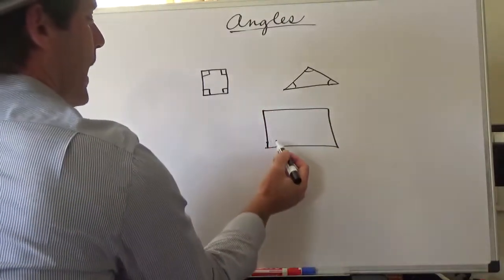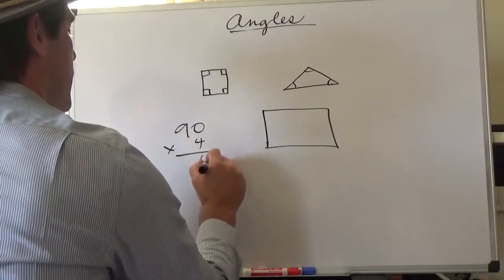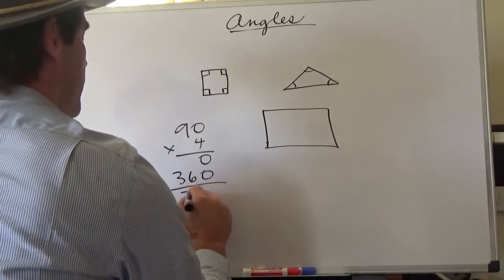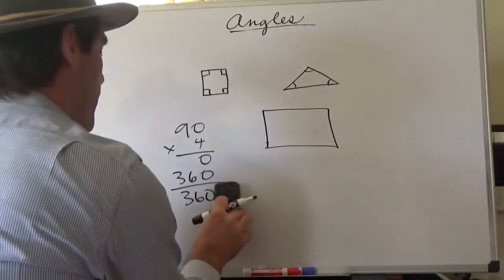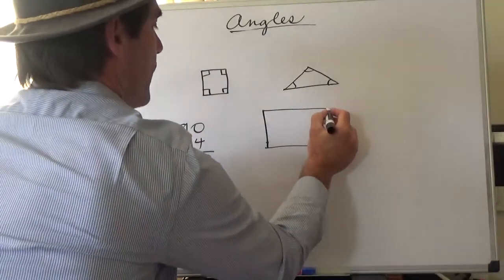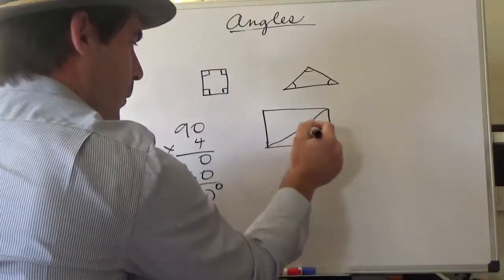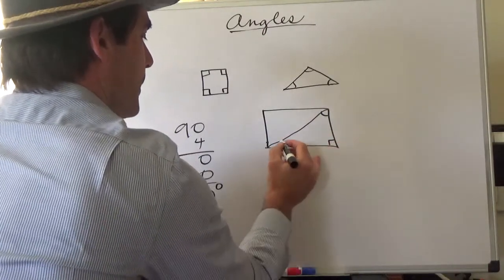But if you think about this shape, pretend it's perfect. 90 degrees, 90, 90, 90, or 4 times 90 is 360, so 360 degrees is 4 90-degree angles added up. Well, if I cut this in half diagonally, I would create 2 triangles, one here and one here, and now I would still have these 90 degrees, but a couple of these.